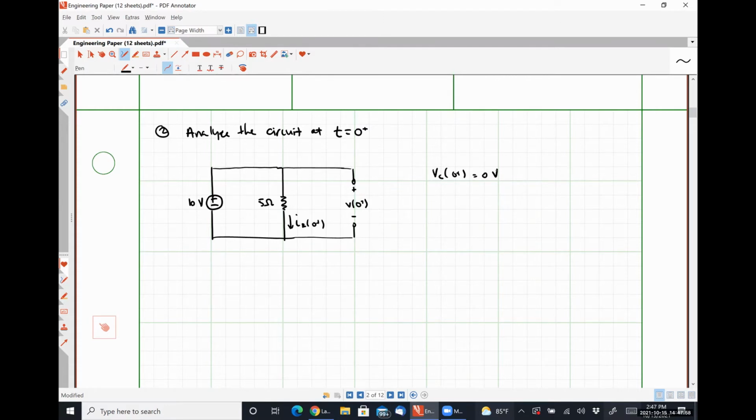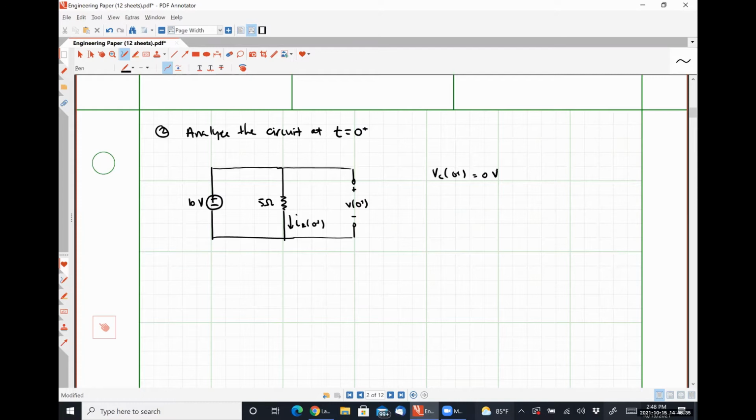So when we dealt with our inductor problems, I said that at the exact instant in time, t is equal to 0 plus, our inductor behaved as if it were an independent current source because there was a fixed amount of current flowing through it, and any voltage that it needed to have across its terminals it could. For a capacitor, they will behave like an independent voltage source because the amount of voltage across them is fixed at this instant of time, regardless of how much current is passing through it.